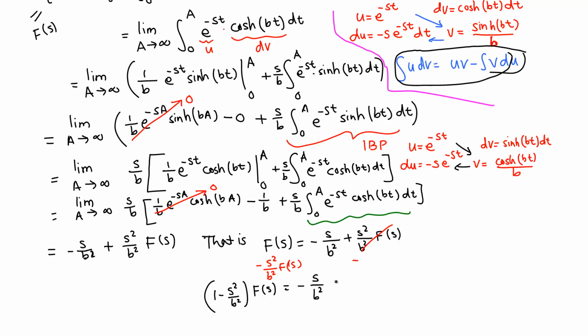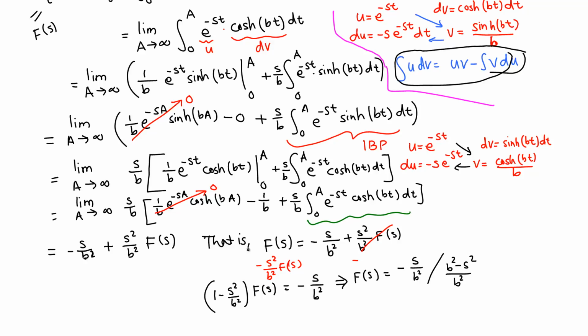So this F(s) is just negative s over b squared divided by this fraction, and we can combine these two fractions: b squared minus s squared over b squared. So this is b squared minus s squared over b squared.